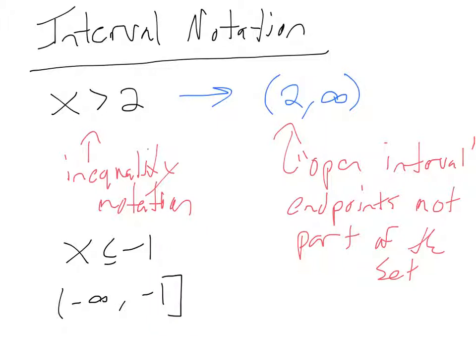Okay, and so this is sort of a half open set. On the left side it's open, on the other side it's closed, or a half closed set, depending on whether you're an optimist or pessimist, I guess. But we will call this a closed endpoint, and it's closed because the number itself, -1, is part of the set.